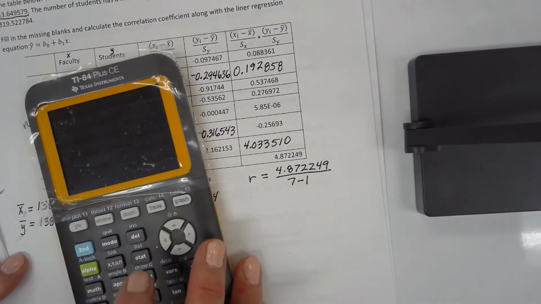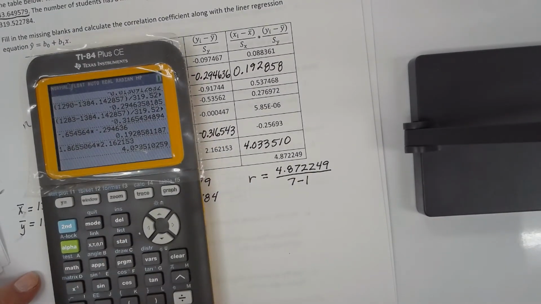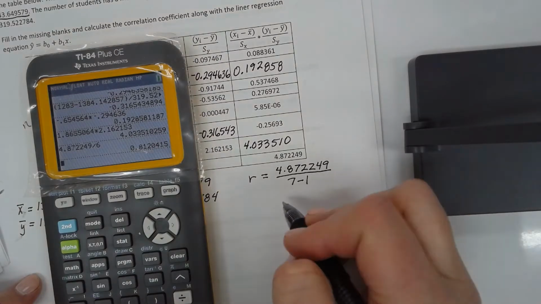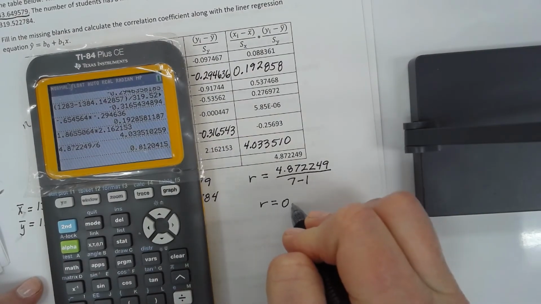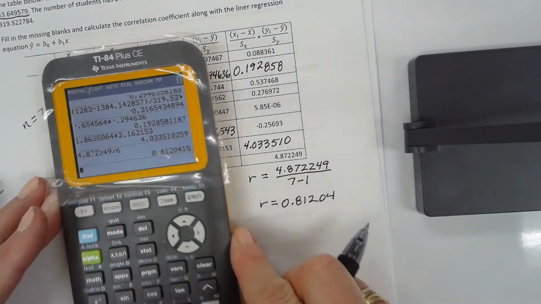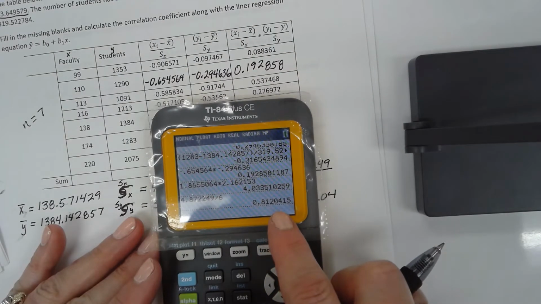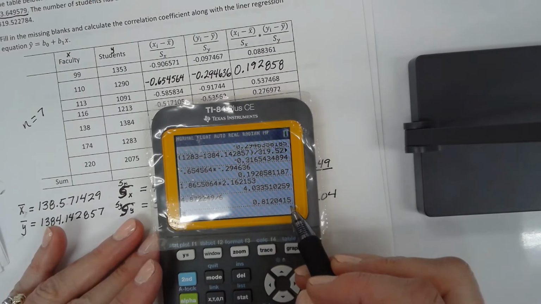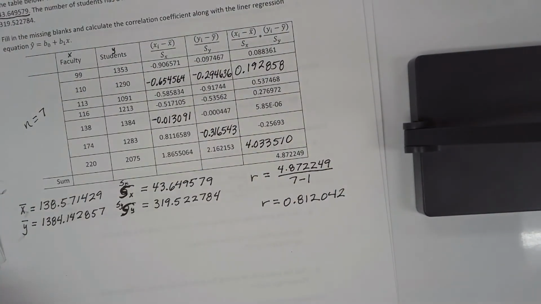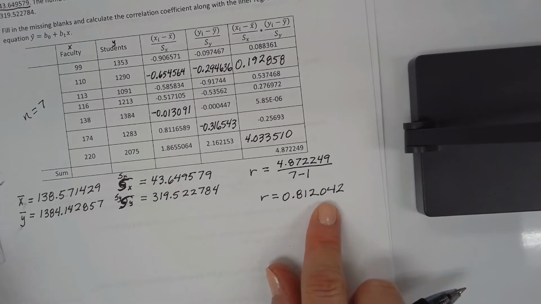So R is going to be 4.872249 divided by 7 minus 1, which is 6. So R equals 0.81204. So 1, 2, 3, 4, 5, 6 is the 1. Since it's followed by a 5, we're going to increase that 1 to a 2. Any questions on how to find the R?